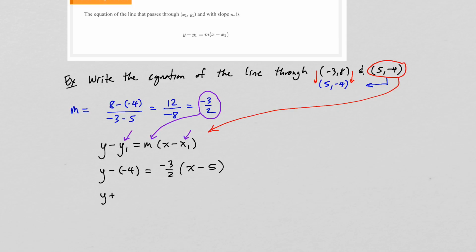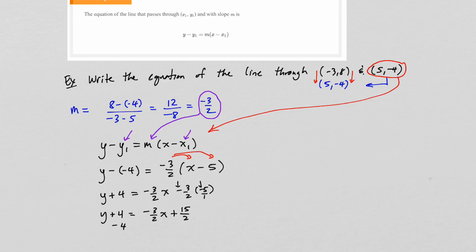This is y plus 4 equals -3/2 times x. So what I'm doing here is I'm multiplying this out. And then we get -3/2 times -5. And so this is y plus 4 equals -3/2 x plus, right, negative times negative is positive, and that's 15/2.